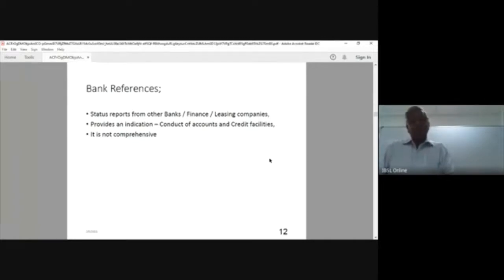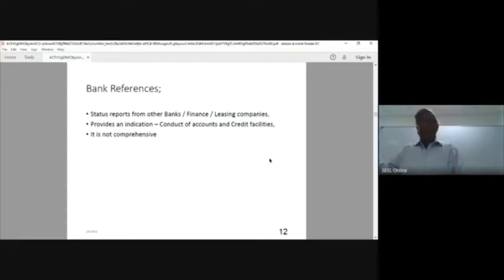When a customer came to a branch asking for a facility and giving the application, the manager would write to nearby branches of other banks in the close vicinity, asking them to provide information about this particular customer. He would send a letter, and those branches would send a status report about that customer.